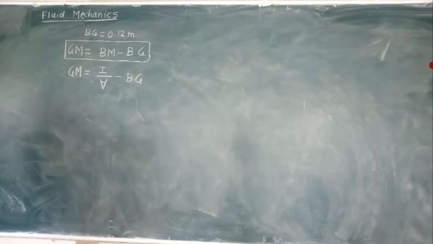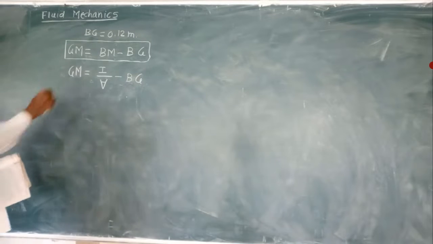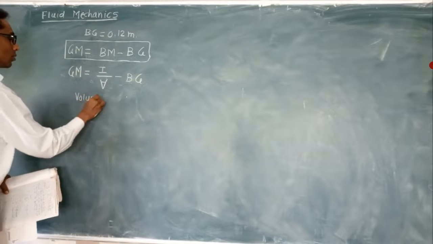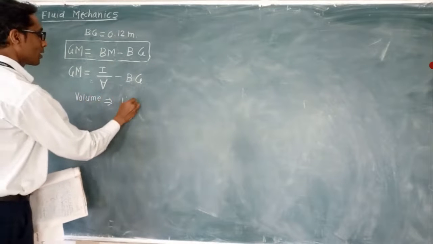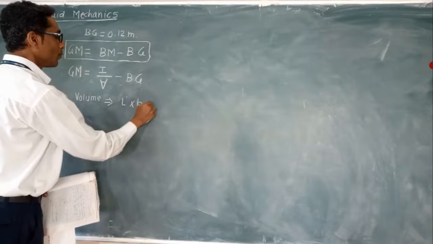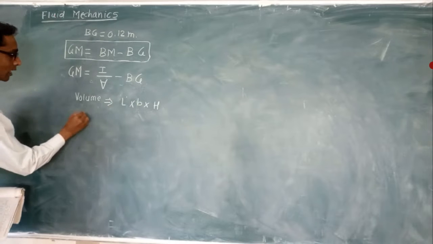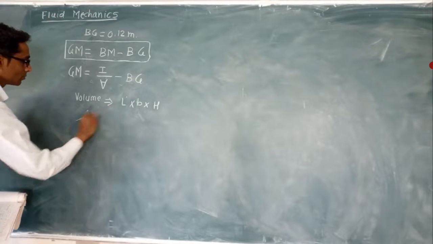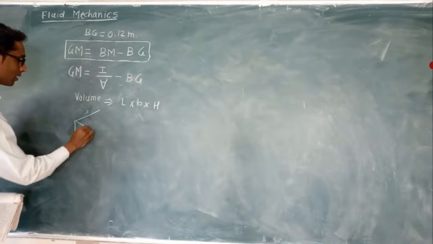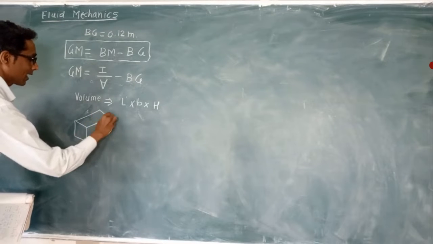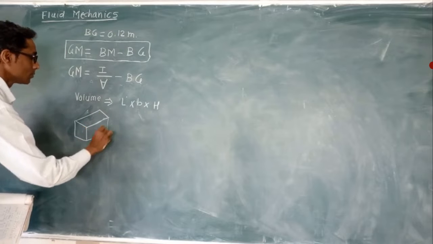Now for the volume, the formula is length into breadth into height of the ship. Again we can take a small diagram here for understanding.